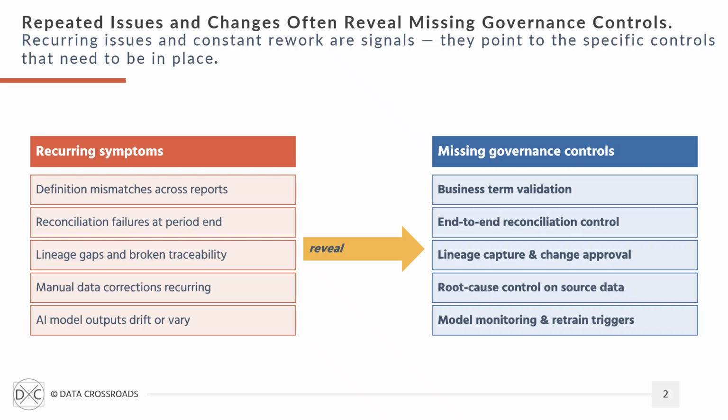Let's imagine a situation you may eventually recognize quite quickly inside your organization. The same reconciliation problem appears again after another release. The same reporting inconsistency returns even though remediation was already completed previously. Operational teams continue performing the same manual correction month after month.